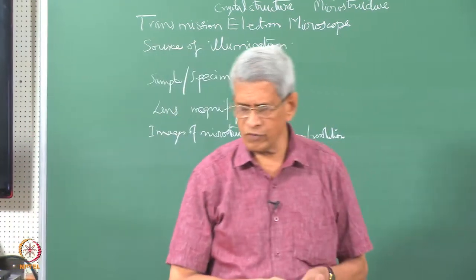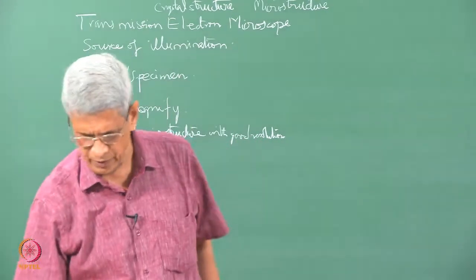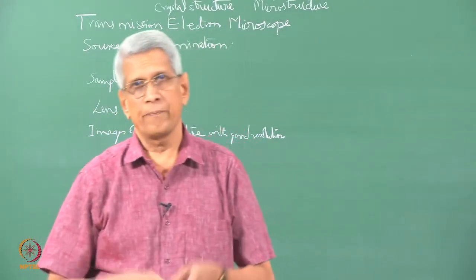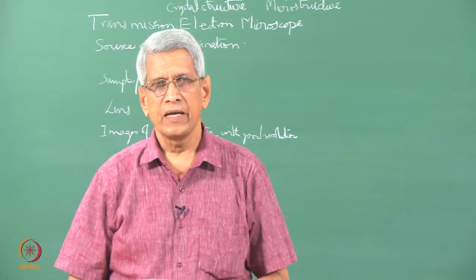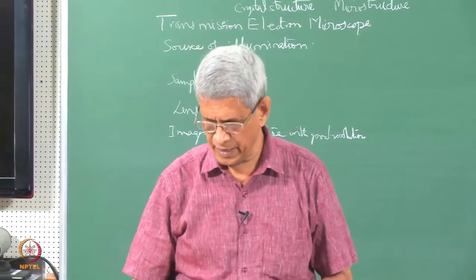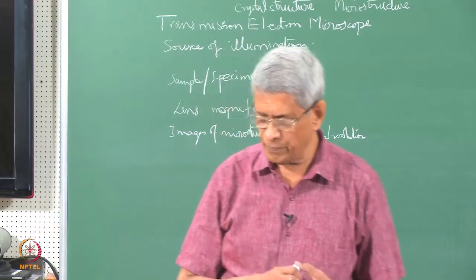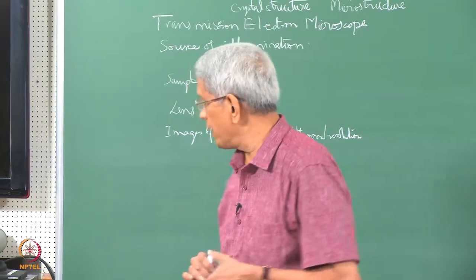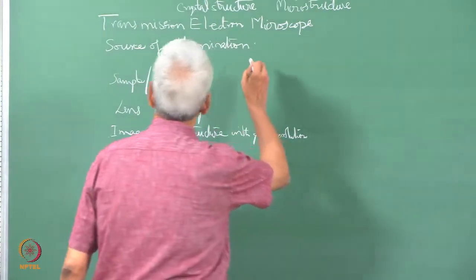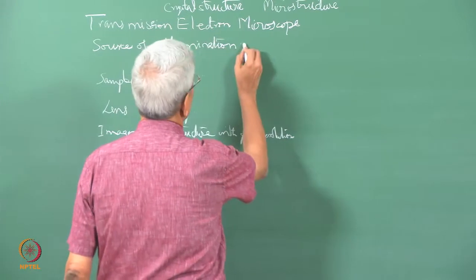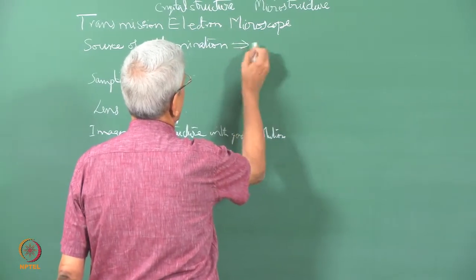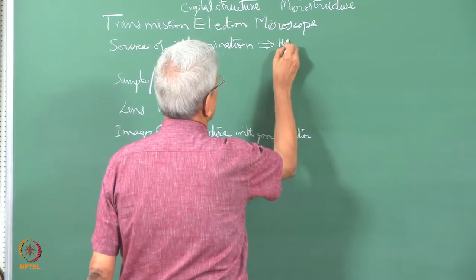So, when we talk of the source of illumination, it could be an electromagnetic radiation, like in the case of optical rays it is a monochromatic light which we can use. In the case of transmission electron microscope, the source of illumination is high energy electrons.